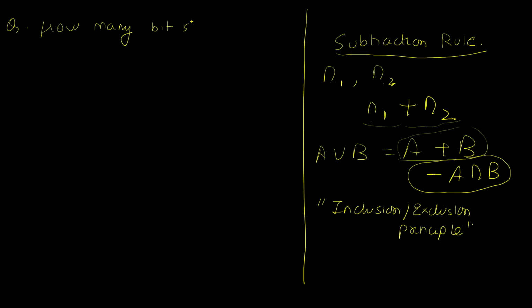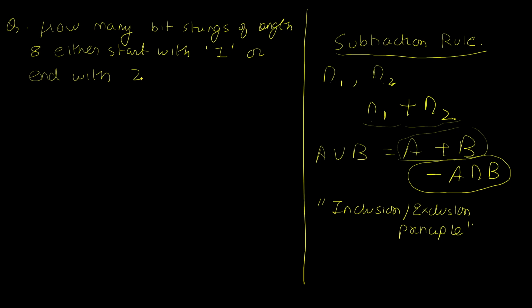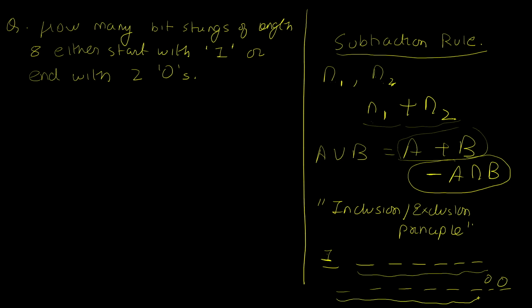How many bit strings of length 8 either start with 1 or end with 2 zeros? So in this case, I'm looking for bit strings of length 8. So I want to first count all of the bit strings that start with a 1, no matter what the rest are. And in the next step, I'll count all of the bit strings that end with 2 zeros regardless of what the other bits are.